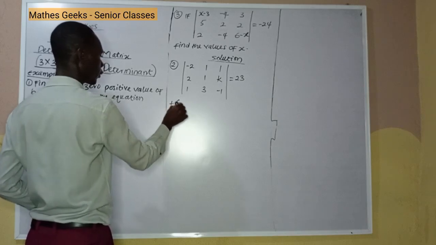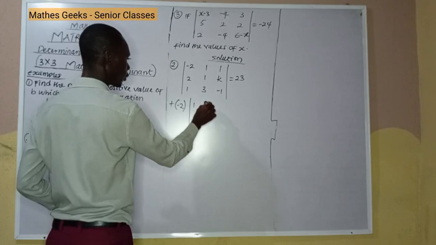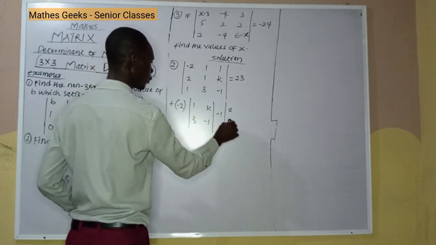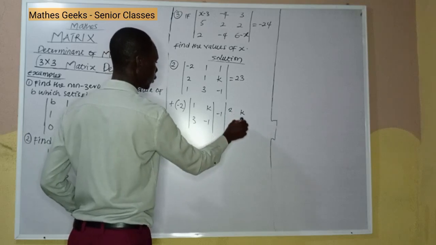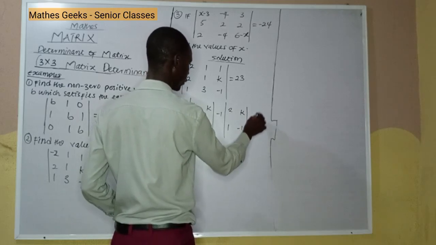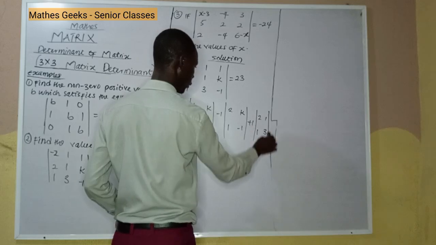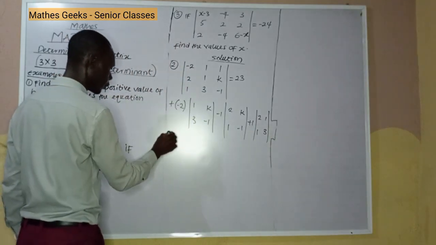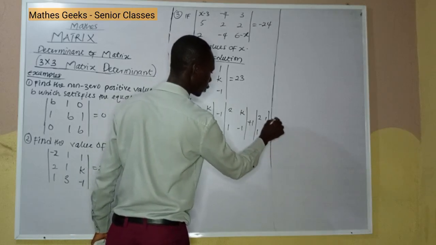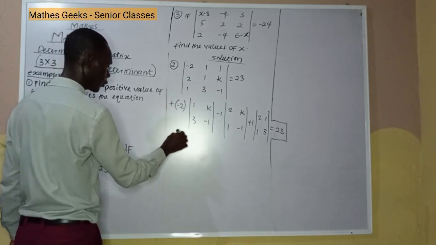So this is plus minus 2 times the determinant of 1, 3, k, minus 1, minus 2 times the determinant of 1, 3, 1, minus 1, plus 1 times the determinant of 1, 1, 1, k. Signs alternate: plus, minus, plus.